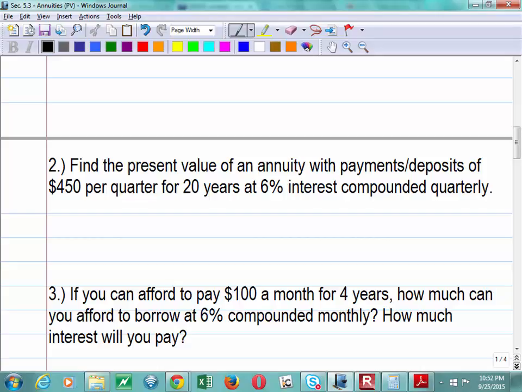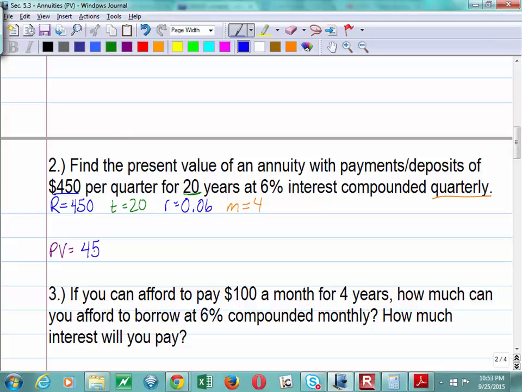Alright, so we've got capital R is 450. We've got T is 20. We have little r would be 0.06. M is 4.